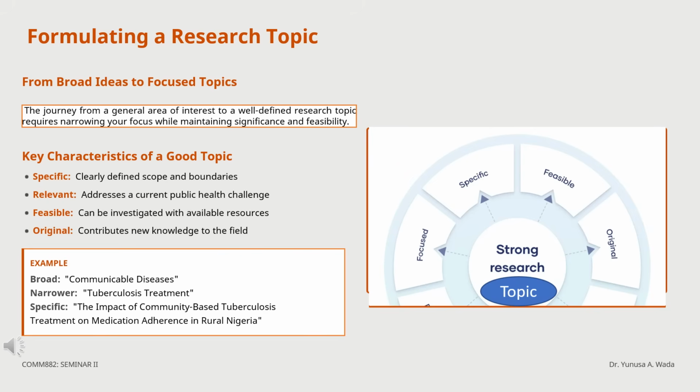It includes the main and specific study keywords, and is captivating and memorable enough to attract potential readers. And it doesn't contain some redundancy in terms of word specific. So this is a good example of a research topic that is specific, relevant, feasible, and original.